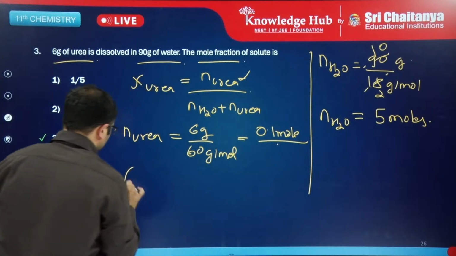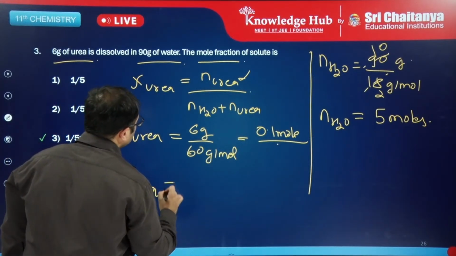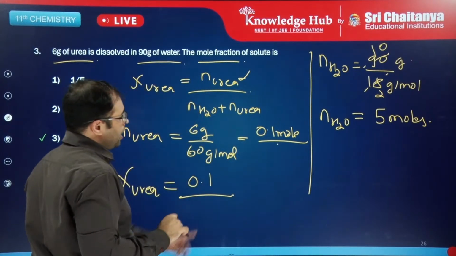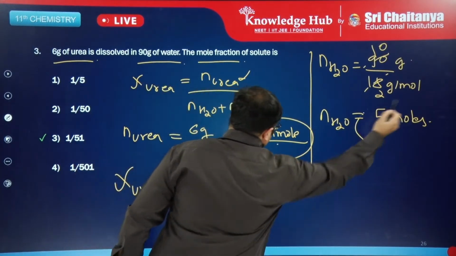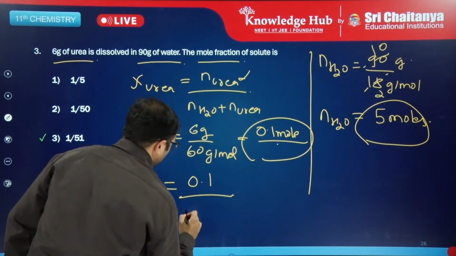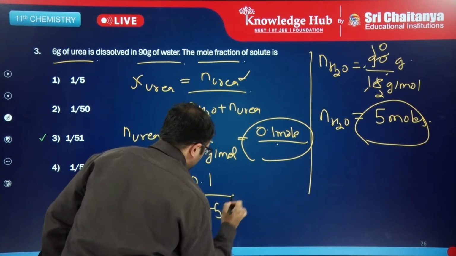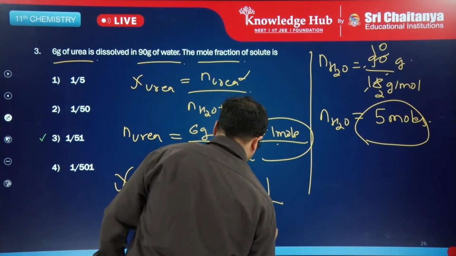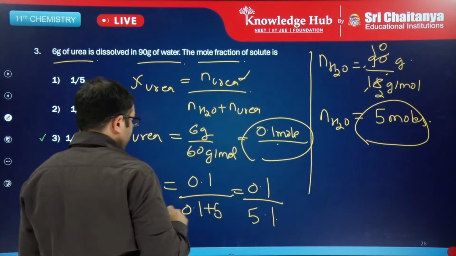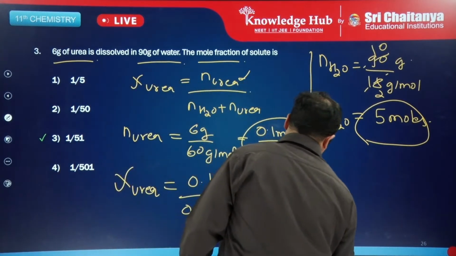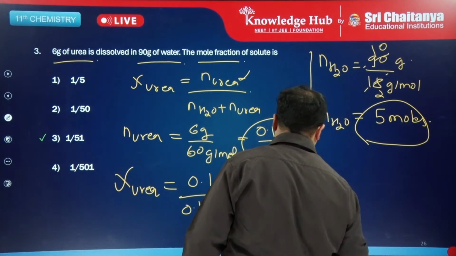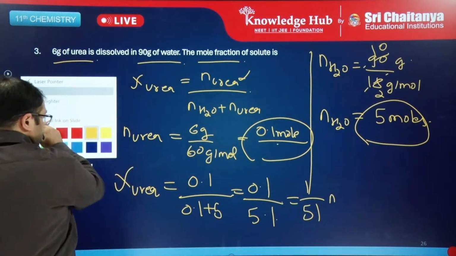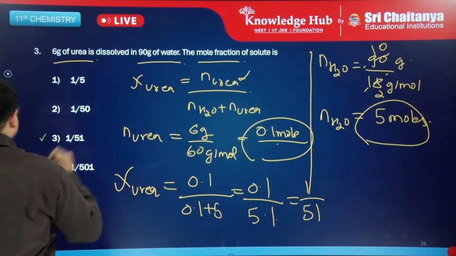Now calculating mole fraction is easy. 0.1 divided by, add this mole to this mole, 5.1. So the answer will be 1 by 51. Okay, there is no unit for mole fraction, right? So 1 by 51. Right.